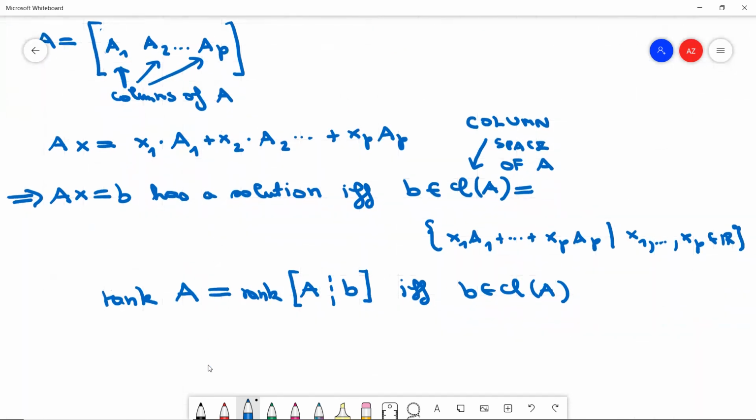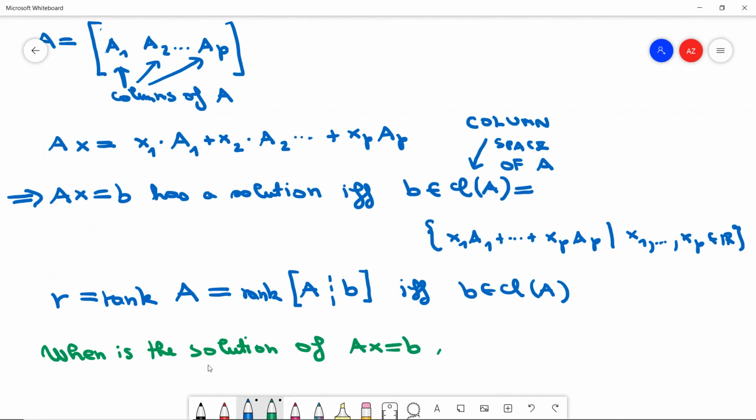Okay, and let us denote this rank for the moment by R. So R is the rank of A, and P is the number of our unknowns. What can we say about when the solution of AX = B is unique?